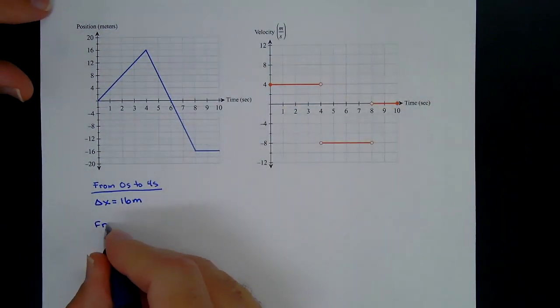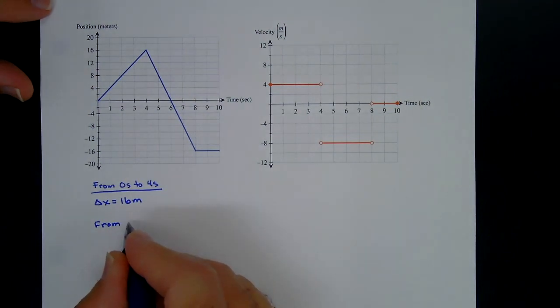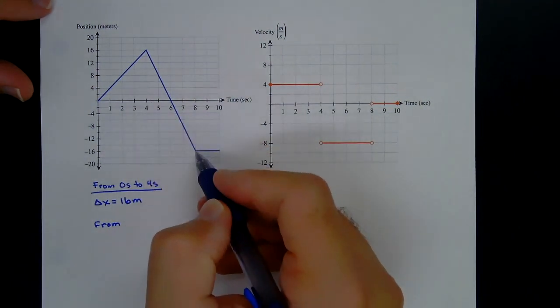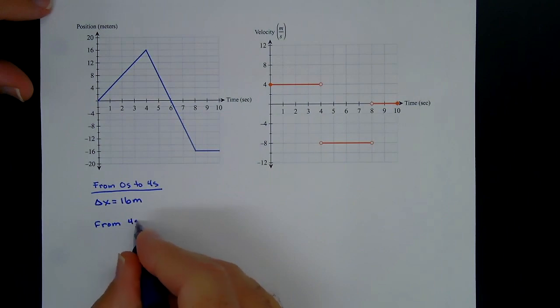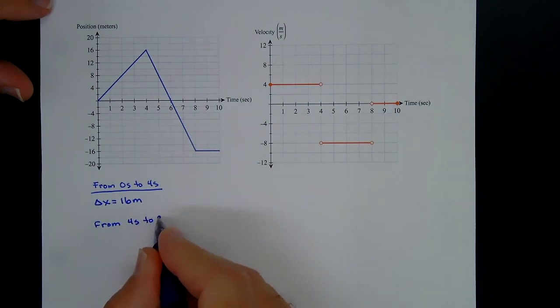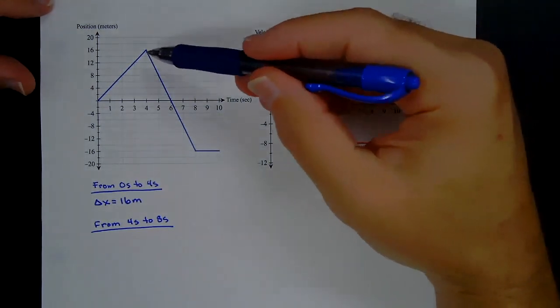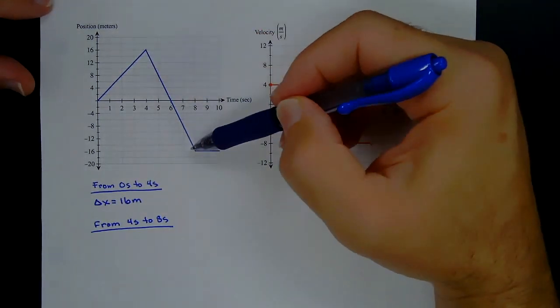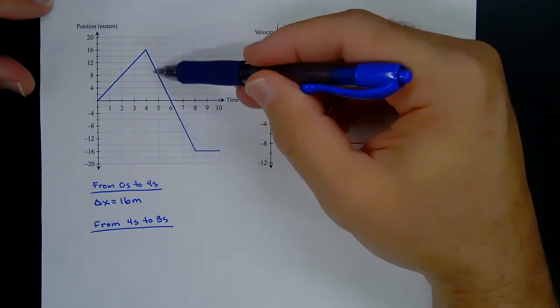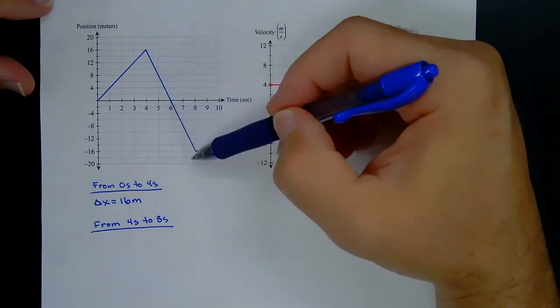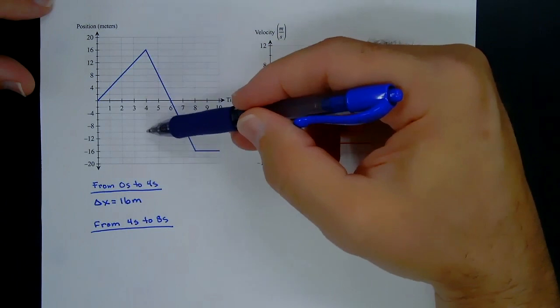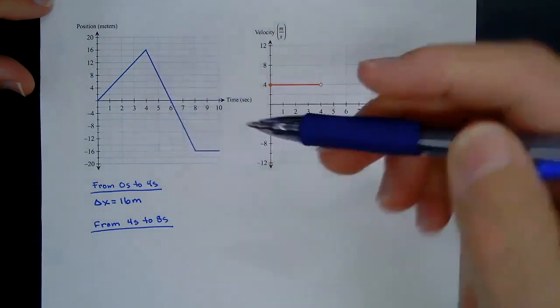From 4 seconds to 8 seconds, we went from 16 to negative 16. That's a change of negative 32, because going from 16 to negative 16 is a decrease of 32.